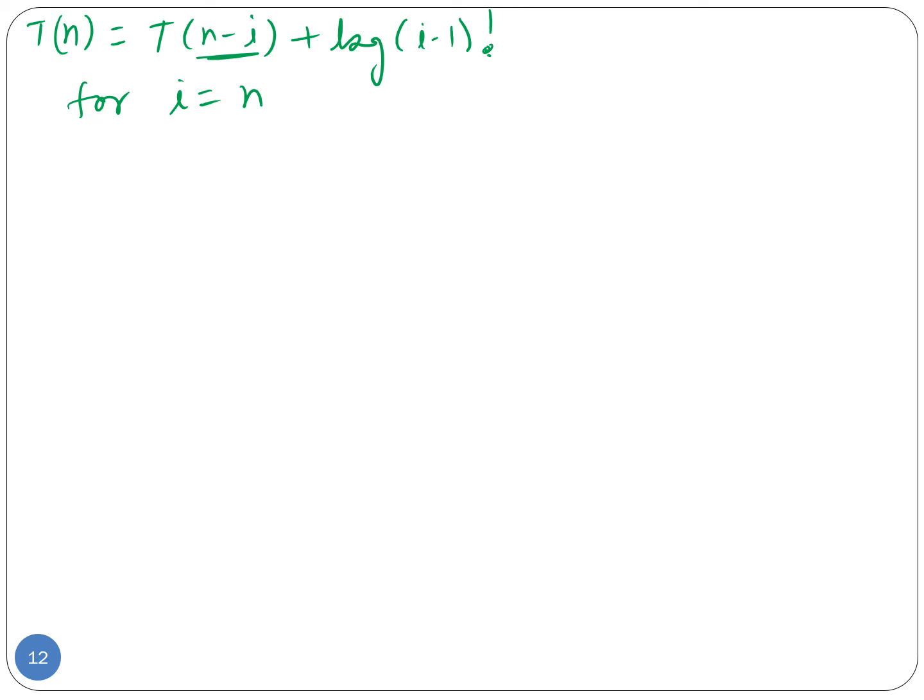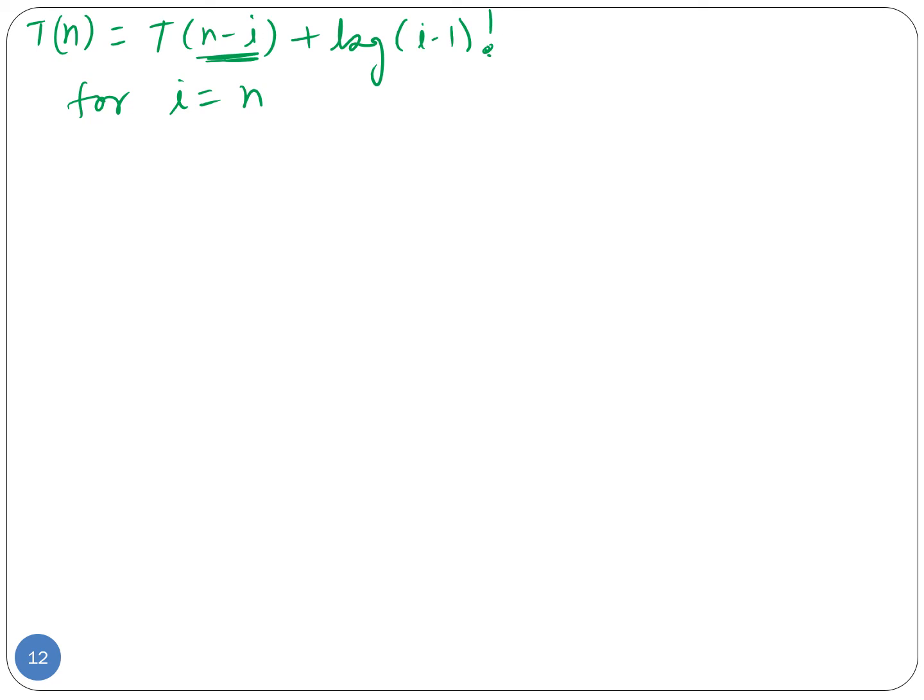So far we have T of n is equal to T of n minus i plus log of the factorial, right? So notice that for i is equal to n, the value inside the bracket will reduce to 0 in this recurrence.